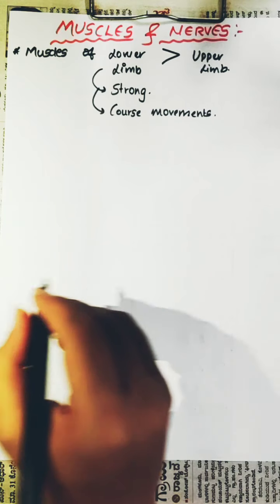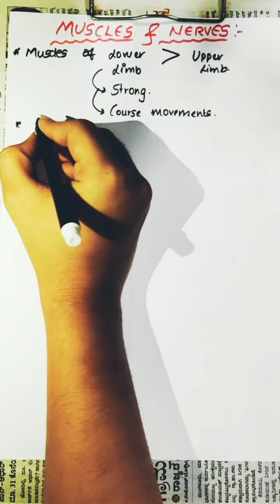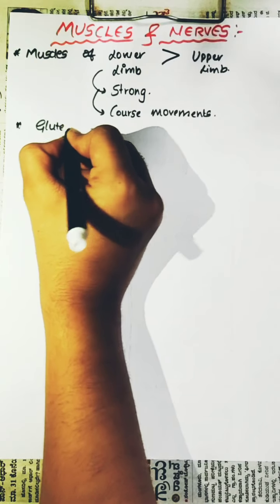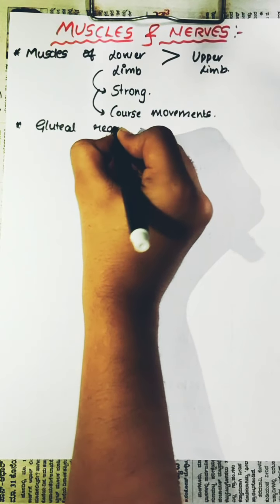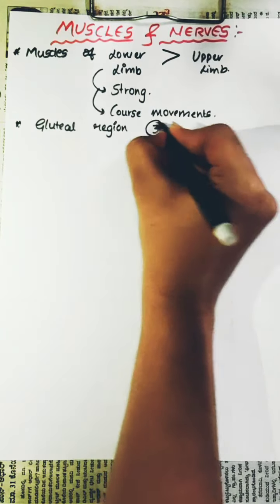So we know that there is the gluteal region, which I had explained in the previous video. This gluteal region mainly consists of 3 muscles.